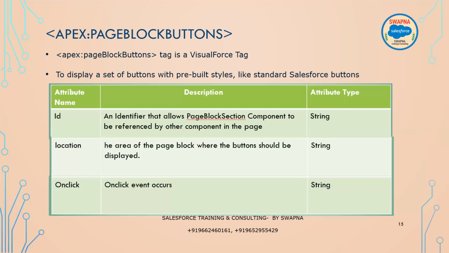Ma'am, in the ID attribute, the description is almost page block button, right? Yeah, you can mention that ID equal to page block button. Now let me show you that. Take notes, we will add the ID. ID is basically any name you can give there. Why we need the ID is just for reference.